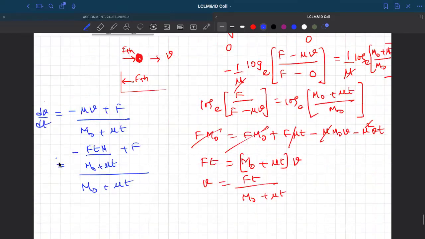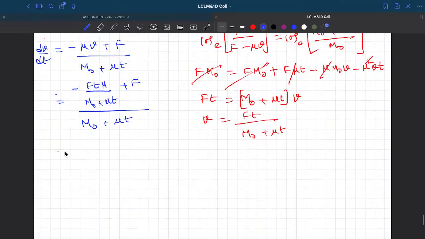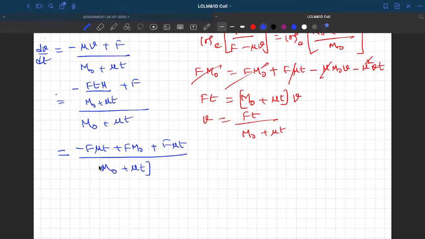Write this properly. You will get minus f mu t plus f mu naught, f m naught plus f mu t by m naught plus mu t whole square.